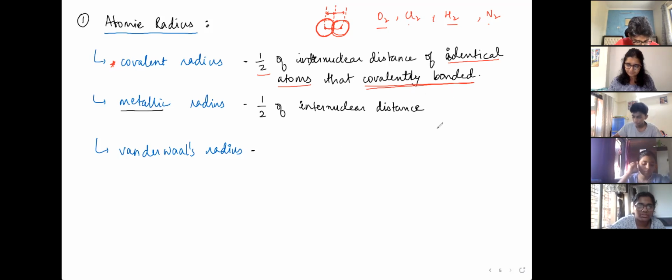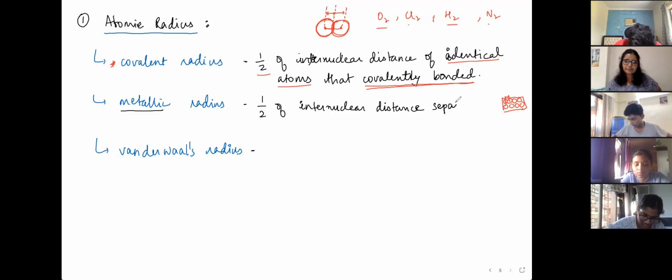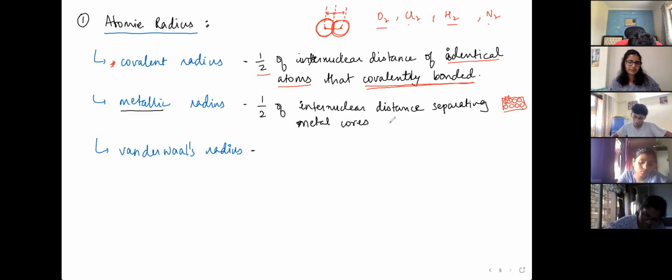Two metal atoms. Yes. Okay, so you take a solid metal. Metal atoms are solid, so all the metal cores are tightly packed and arranged this way. You take any two adjacent metal atoms, measure the distance between them and take half of that. So it's half of the internuclear distance separating two adjacent metal cores in a metallic crystal.